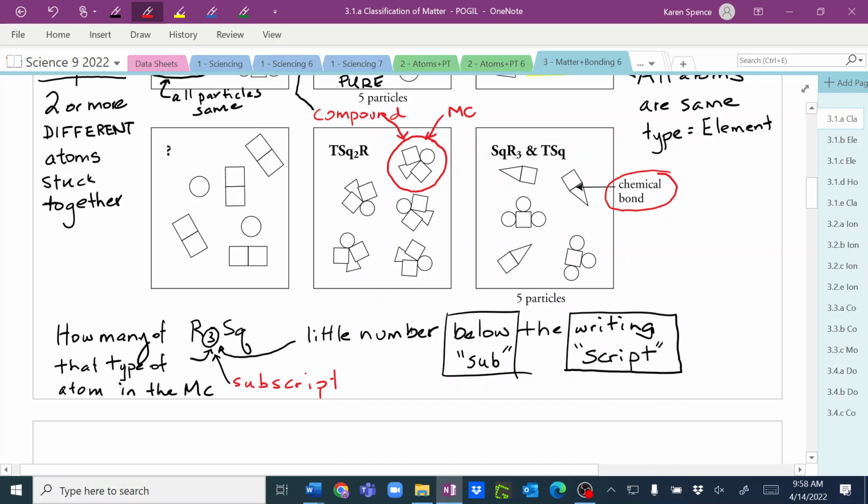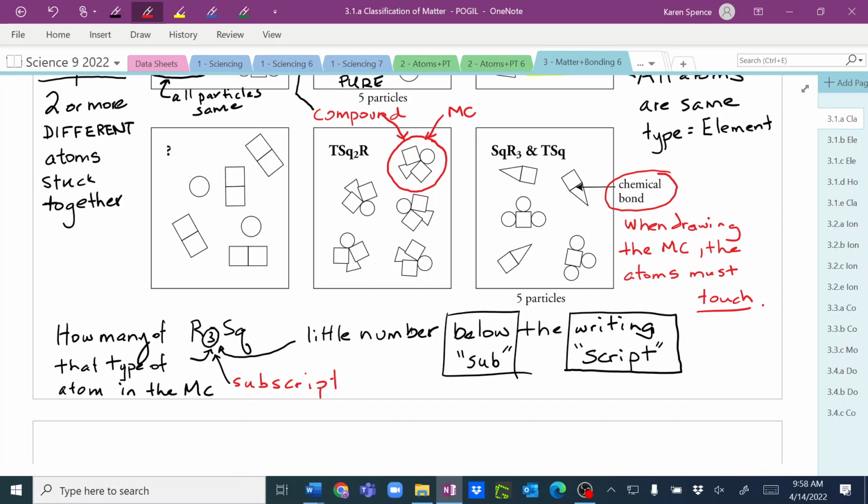Just to point out, when you have a chemical bond, when drawing the molecule, the atoms must be touching. Okay?